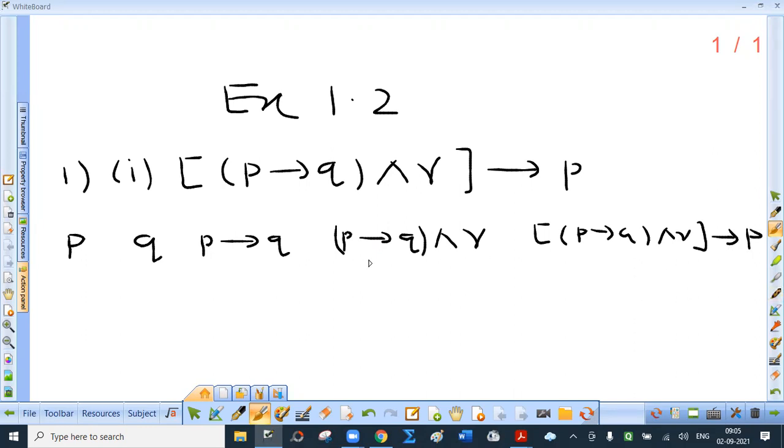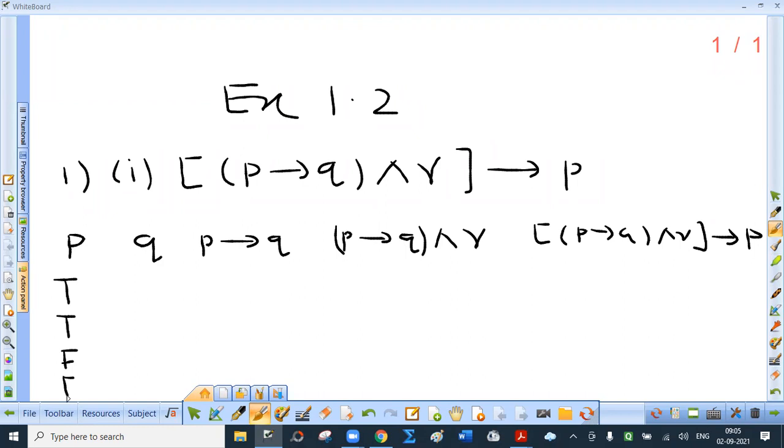Now some students say this is column number 4. So 4 implies P, right? Because I don't think if number of columns increases by say 2 or 3, you won't be able to write this. So choice is yours. Now, true, true, false, false.